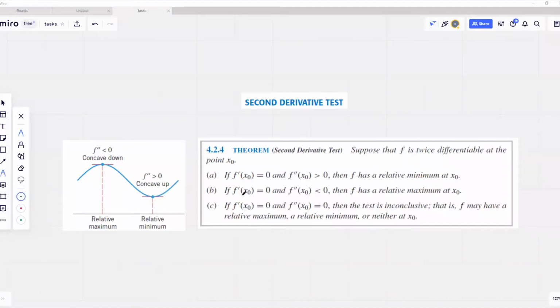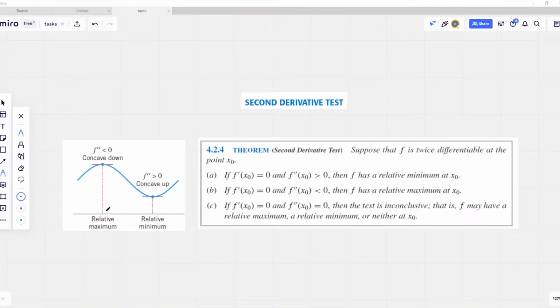Another useful observation that we can make when we are working with stationary points is that if we have a stationary point and the graph is concave down, then this point is a point of relative maximum.